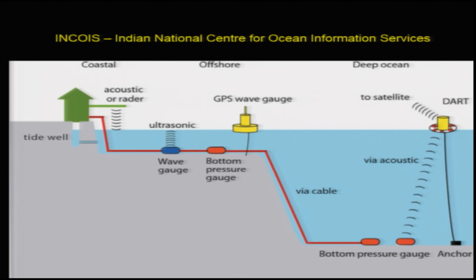So, this is an excellent initiative by the Ministry of Earth Science to set up the organization INCOIS, which is definitely going to safeguard all of us by issuing early warning of any such events.